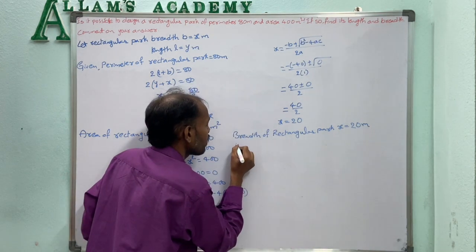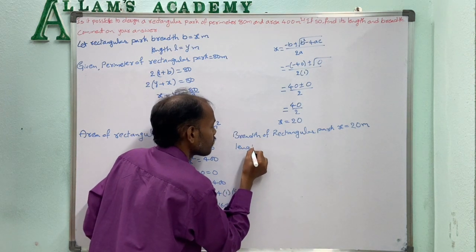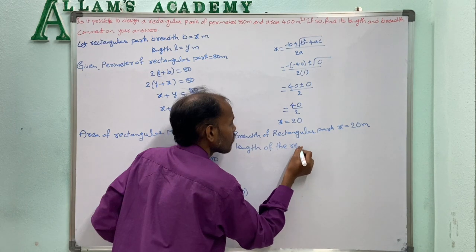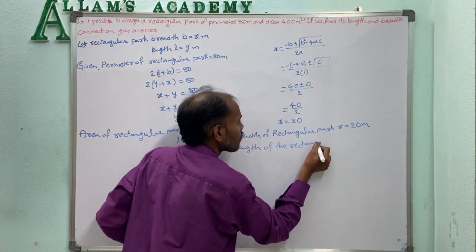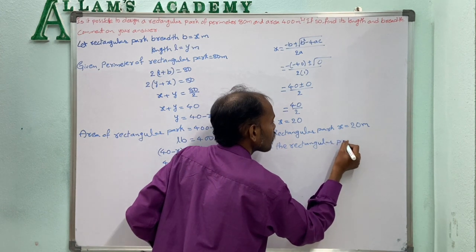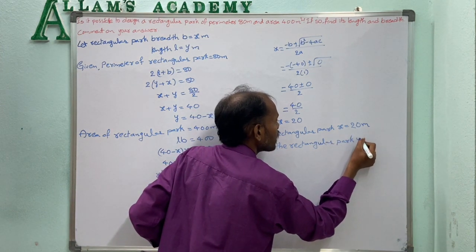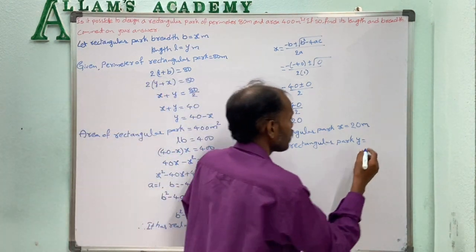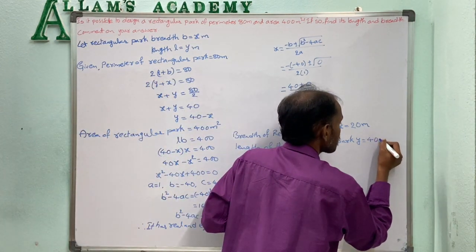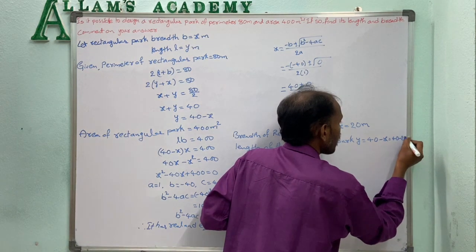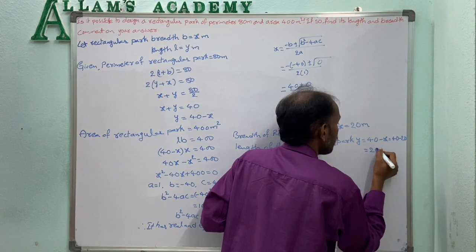Next, the length of the rectangular park, which we take as y. So y is 40 minus x. Here x is 20, that means 40 minus 20, which is 20 only.